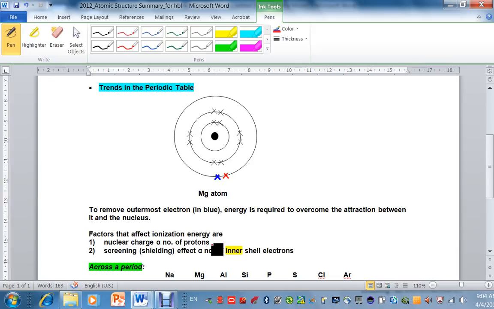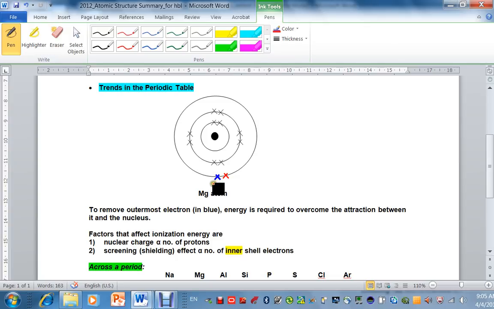The second effect will be the screening or shielding effect. Screening effect simply means the repulsion that the electron you are trying to remove experiences from the other electrons. This screening effect tends to negate the effect of the nuclear charge.